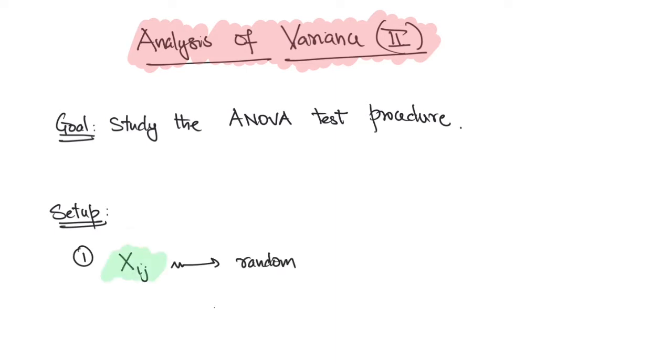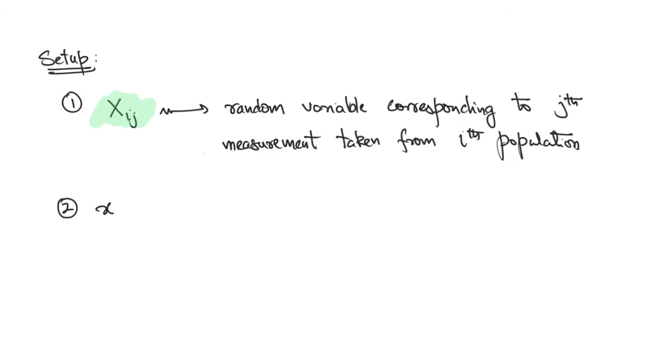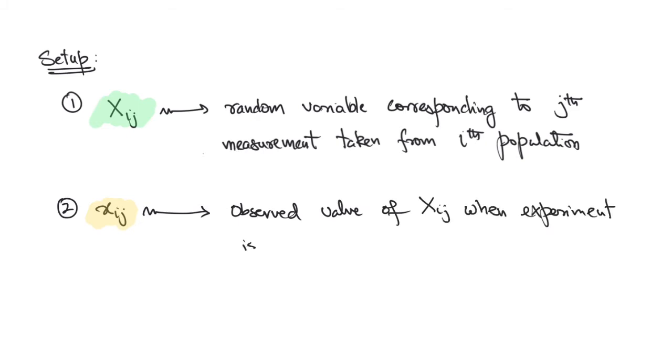Xij is the random variable corresponding to the jth measurement taken from the ith population. It could also be the ith treatment applied to the jth experimental unit in the ith sample. Small xij's will correspond to the observed values of capital Xij when the experiment is performed.